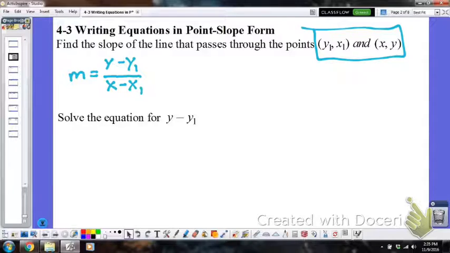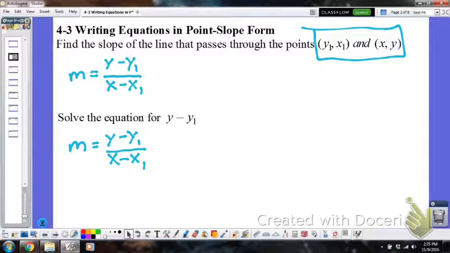Now let's solve this equation for y minus y1. So that's what we want to get alone. So I want to get this numerator right here alone. So if I have the equation m equals y minus y1 over x minus x1, and I'm trying to get my numerator alone, that means I have to undo the division of x minus x1.